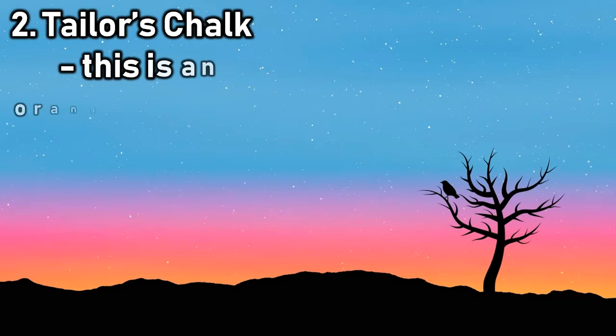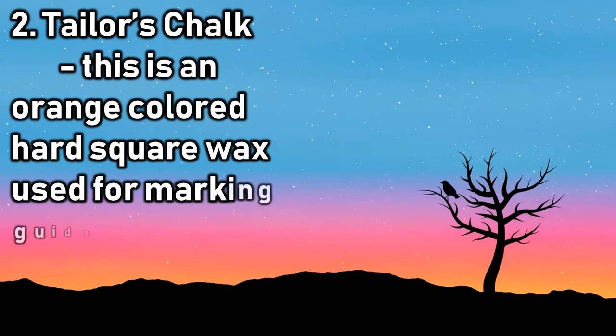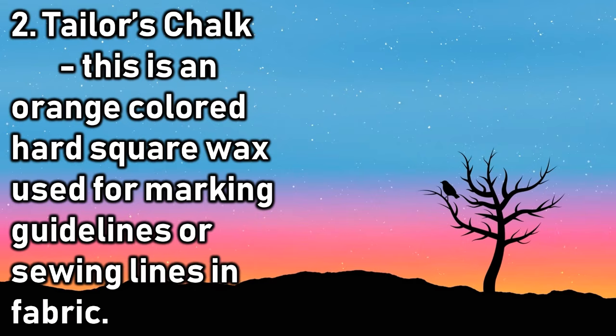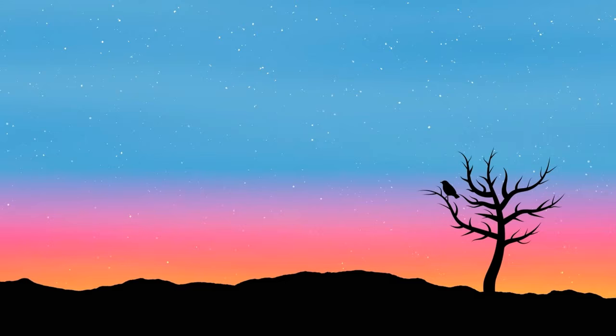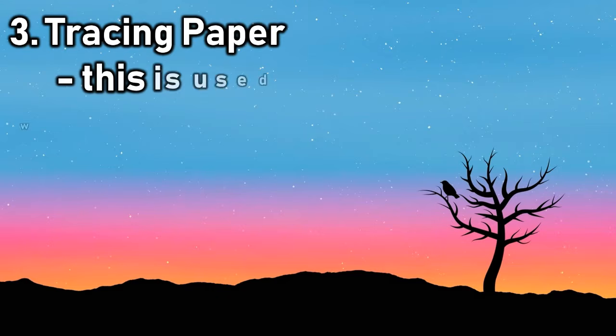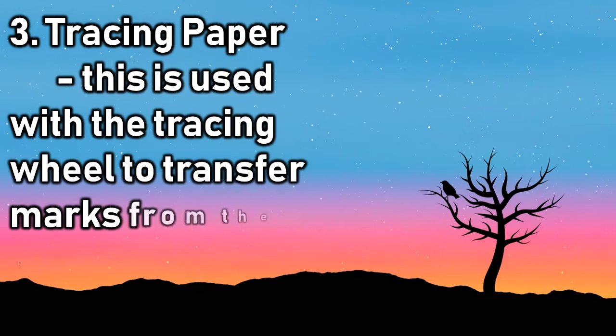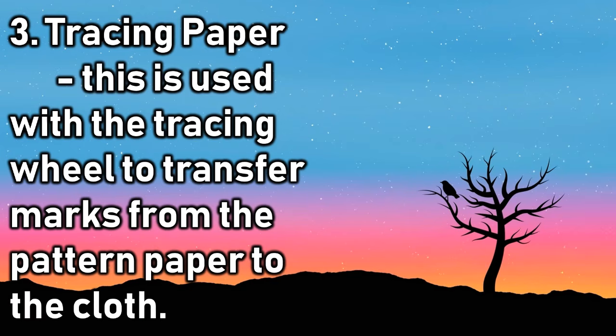Tailor's chalk. This is an orange-colored hard square wax used for marking guidelines or sewing lines in fabric. 3. Tracing paper. This is used with the tracing wheel to transfer marks from the pattern paper to the cloth.